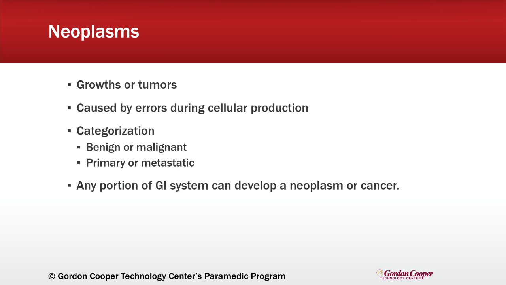These can be benign or non-cancerous, or they can be malignant and cancerous, meaning they're trying to take over the world. They can also be primary, starting in the GI system, or they can be metastatic, meaning that they spread from another part of the body. So it just kind of depends. These neoplasms can actually develop anywhere in the digestive system or actually anywhere in the body.